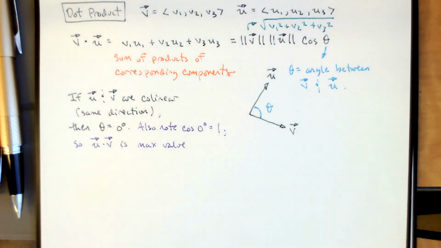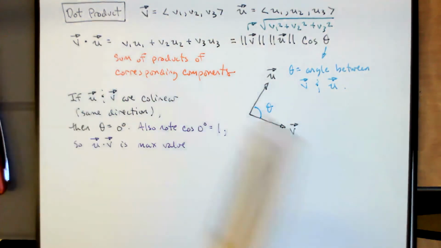When theta is 0, cosine is 1. That's the biggest value of cosine that we're going to get. So that's the biggest that u dot v can be. It's just the product of the magnitudes. Now, as the angle increases, the cosine of the angle will decrease until the vectors u and v are perpendicular, at which point the angle between them is 90 degrees, and the cosine of 90 degrees is 0.